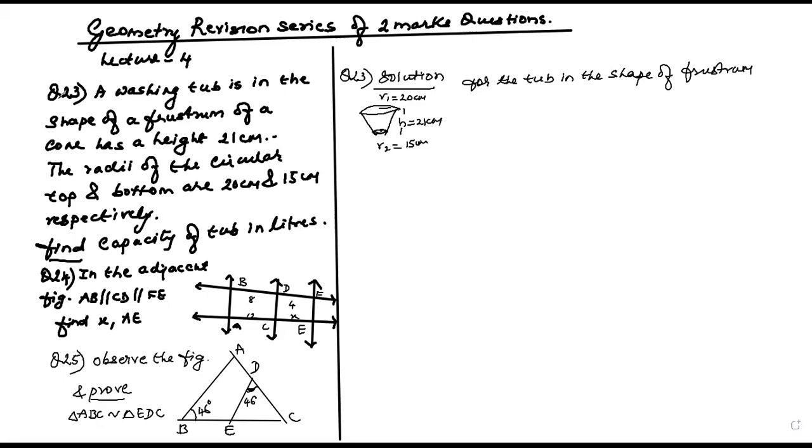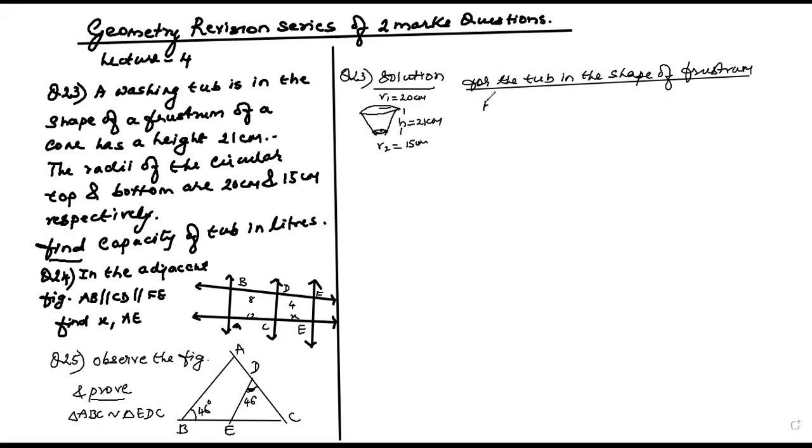You can see here, children, for a tub in the shape of the frustum. My way of writing is always like this. About which solid figure we start, I'll always say for the solid figure, okay? For the tub in the shape of a frustum, okay?